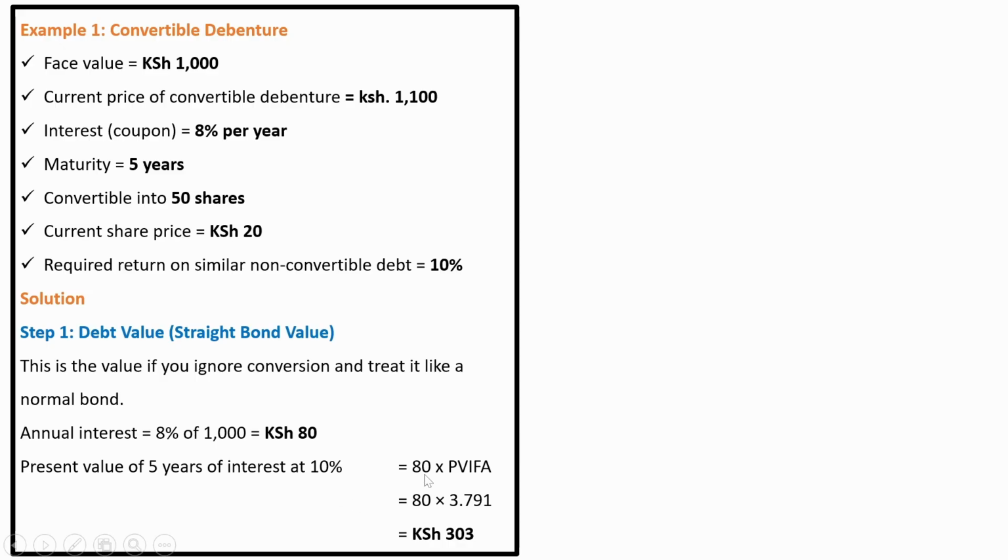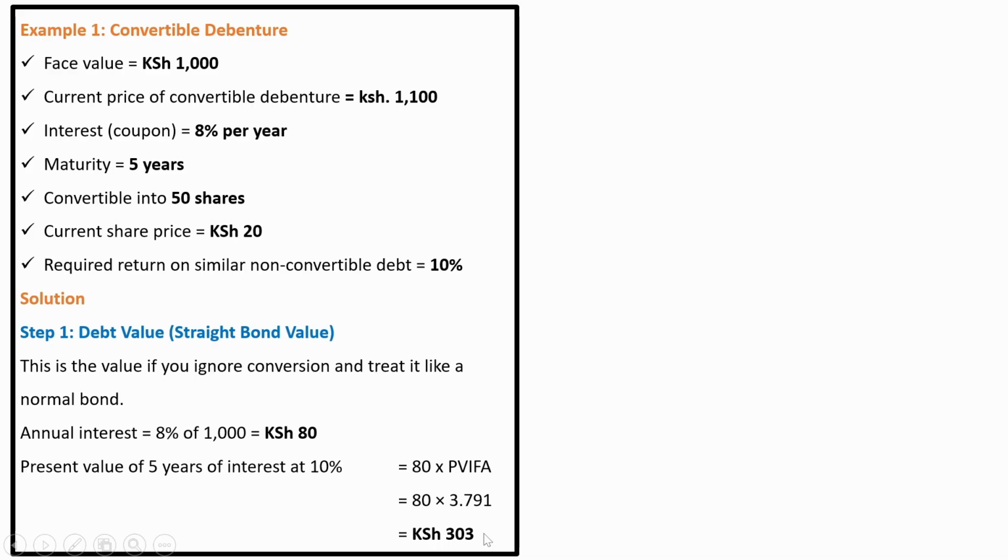So the amount you receive every year, you are going to multiply it with the present value interest factor of annuity. So this figure here, you can read it from the table. It is going to be 3.791 in 3 decimal points. So 80 multiplied by that will give you 303 in whole number. So that is the present value of the interest.